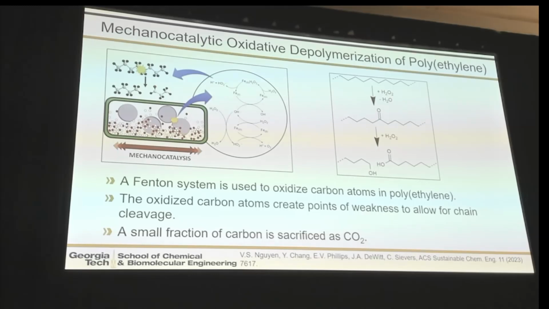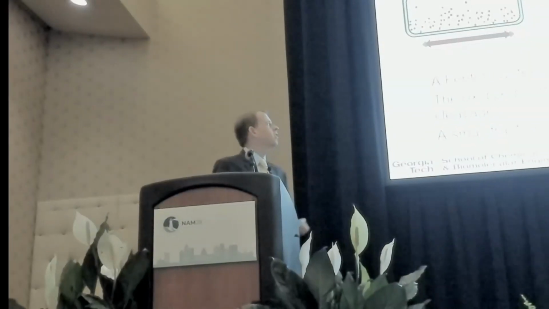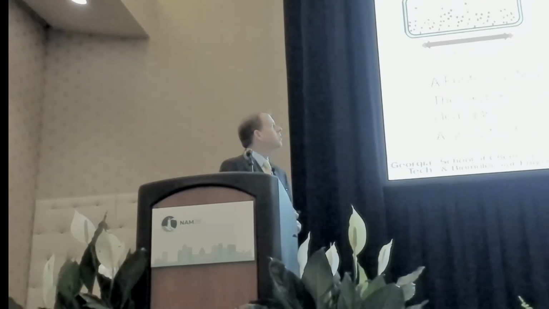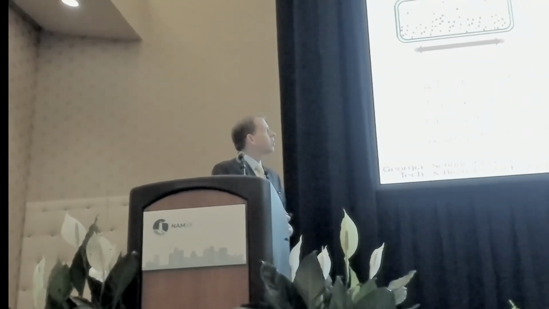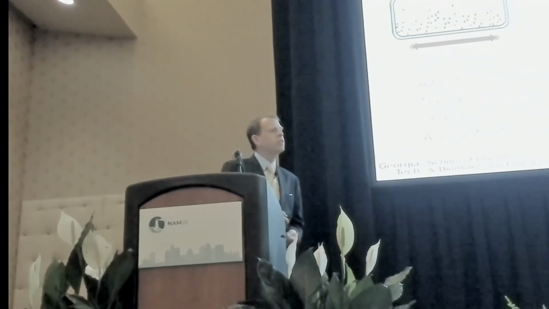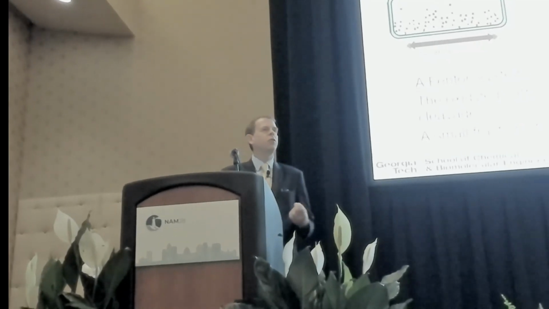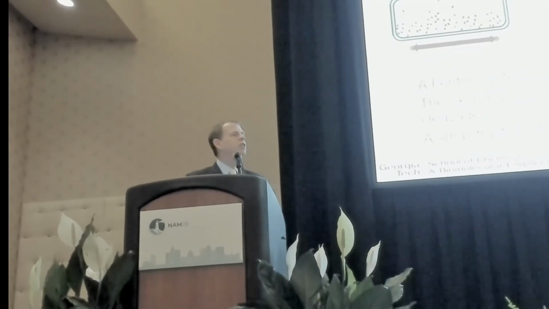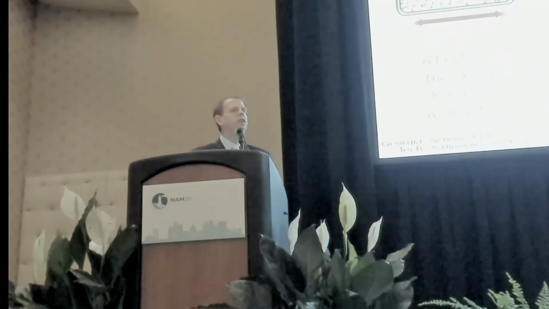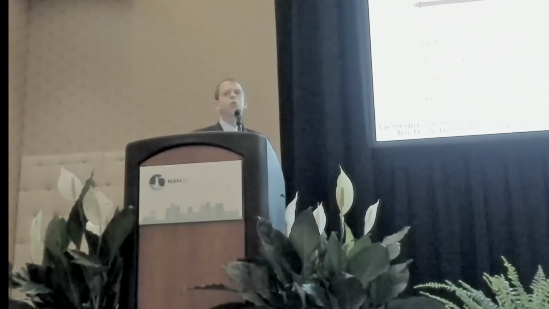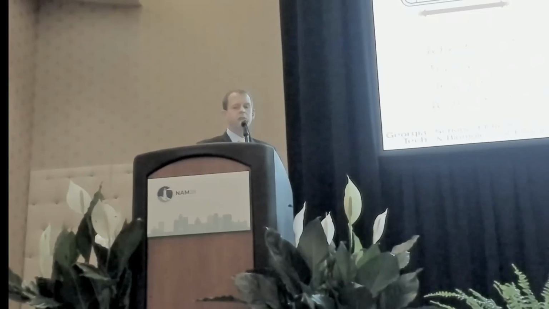This allows us to randomly oxidize some of the carbon atoms in polyethylene. Once you have done that, you've created a point of weakness where you can break this chain into pieces. The chain ends are oxygenates, but we also do see some decarbonylation activity, so some fraction of polyethylene will be sacrificed as CO2, but that is relatively minor.